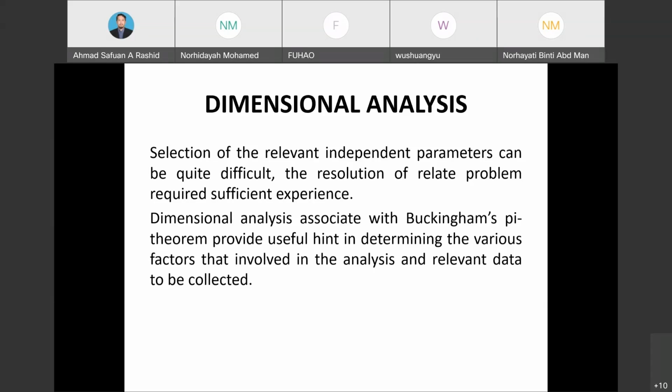For example, if the study is investigating the height of the material compared to the width of the material, most probably the equation will have a lot of height compared to the width of the system.